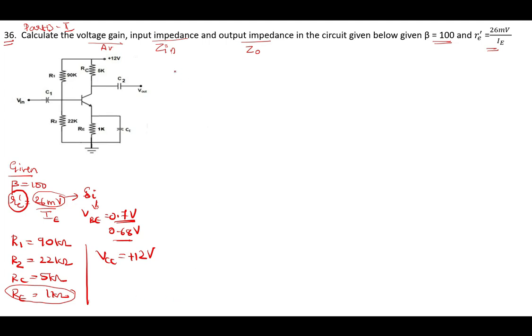Before we calculate voltage gain, we need to calculate basic things. That is, we need to calculate the voltage drop across R2. I will call it VB because it will be easy to denote, the base voltage, since the emitter is grounded. This is equal to VCC into R2 by R1 plus R2, using the voltage divider rule.